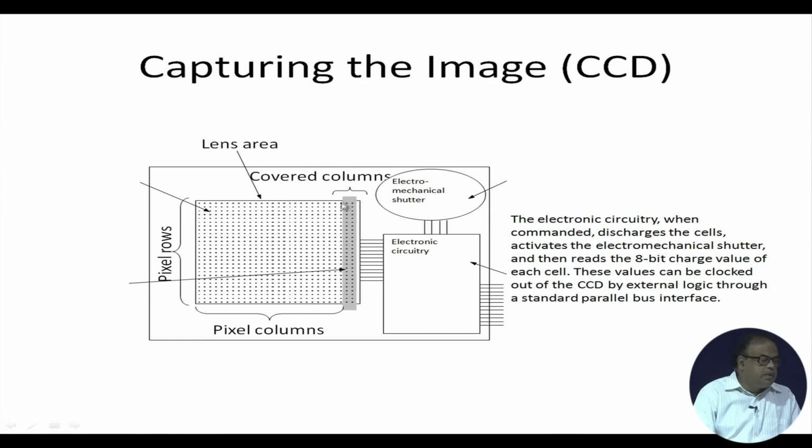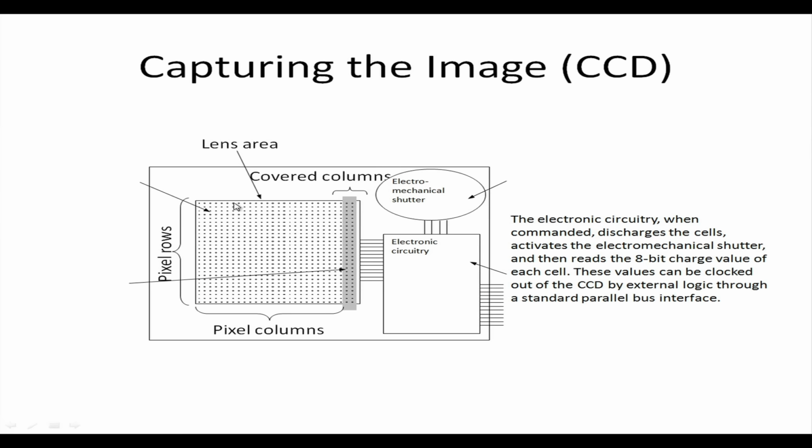In order to do that, these two columns on the extreme right, you can see, are covered black. Therefore, no light will be incident on this, and hence the value should be 0. If the value is non-zero, say 5 or something, then I have got a positive offset of 5 for all these.